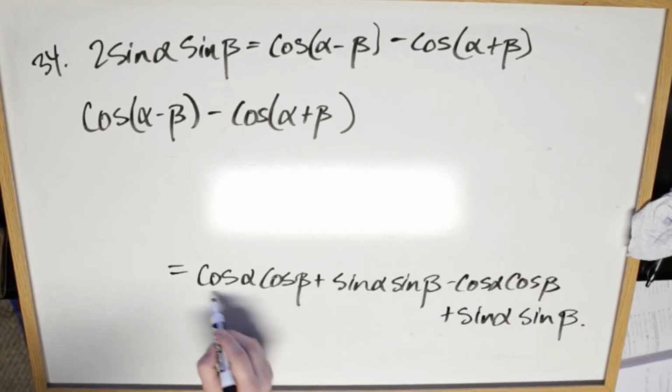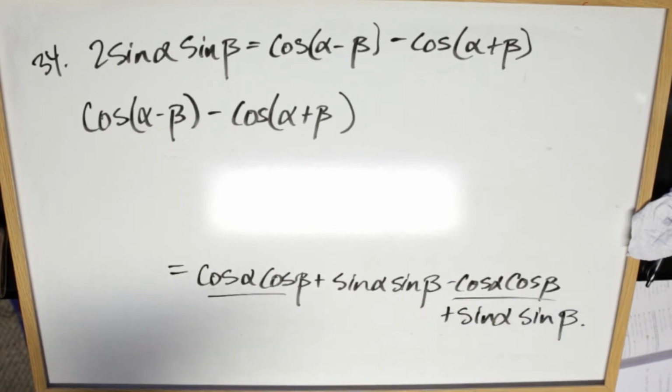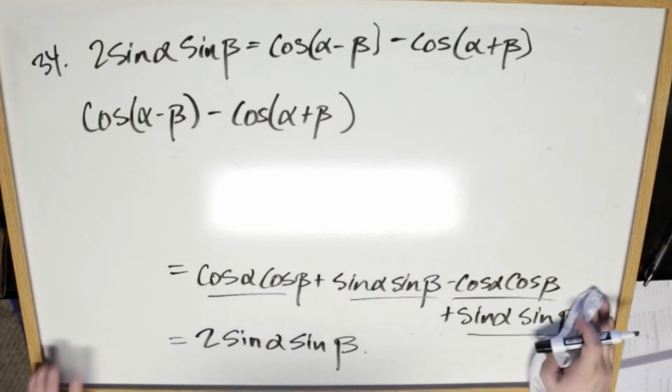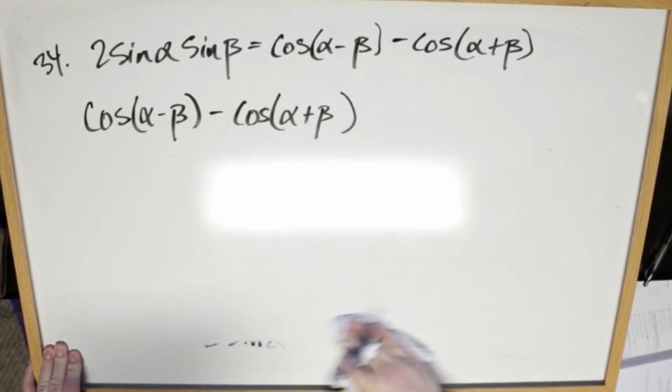This term and this term are just going to cancel each other out. So I'm left with this plus that, which is exactly what our identity was, 2 sine alpha sine beta. So that's the nice thing about doing these identities. You don't have to work the left side to the right side. You can pick whichever side you want, but once you work it out, if you get to something that works out nicely, then you're gold. You're solid. So that's how you do that one.